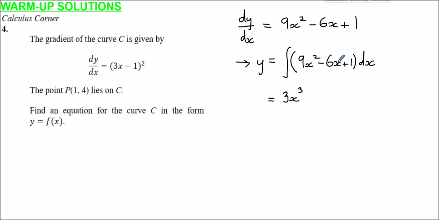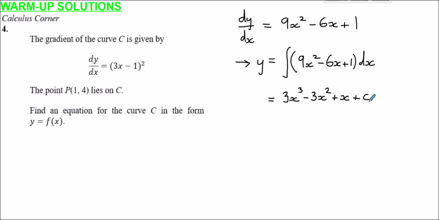Over here, x to the power 1 becomes x squared, and then we divide all of this through by 2. So minus 6 is going to become minus 6 over 2, which is minus 3. We get the x squared. The constant term 1, we increase the power of x from a 0 to a 1. So the 1 just becomes 1x. And really important, we need to remember the constant of integration, c.